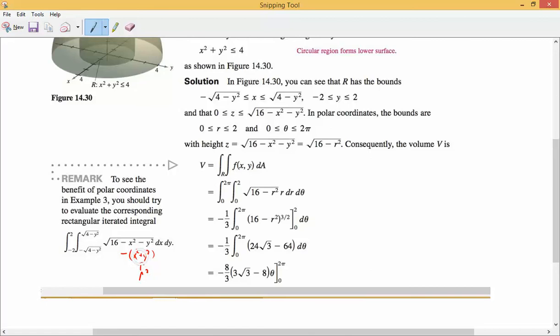So that's why they have 16 minus r squared. Why is there an r out here? That's part of my differential, right? Usually we have dy dx or dx dy here. But remember, with polar, it's r dr d theta.